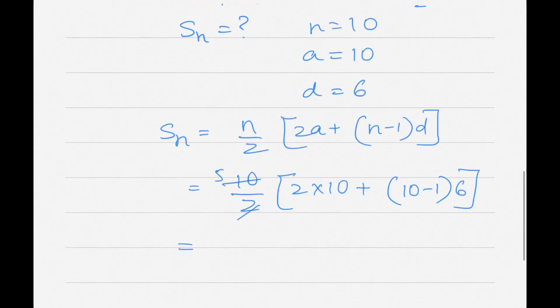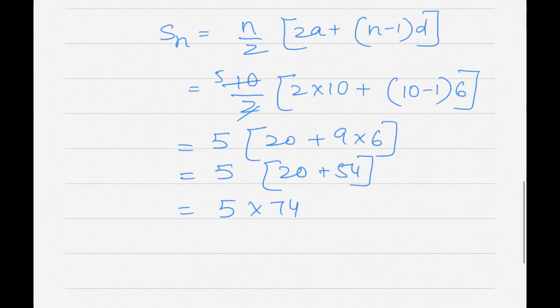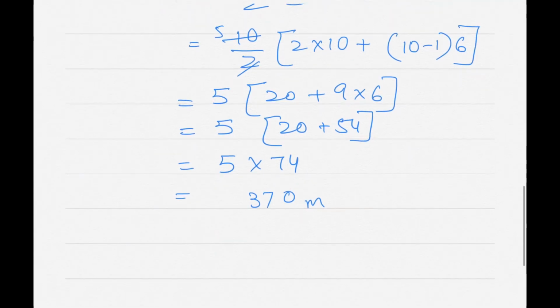So this is equal to 5 into 20 plus 9 into 6, 20 plus 54, 5 into 74. So 370. So in total she traveled 370 meters.